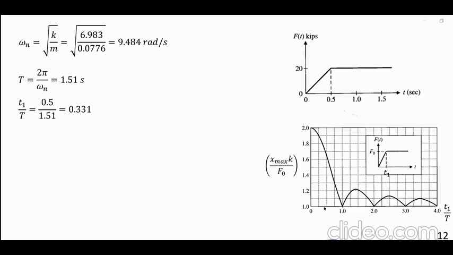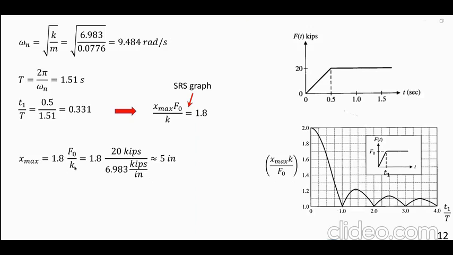So you go to this graph, find out where 0.331 is. So this is 1. This is 0.5. 0.331 is somewhere down here, roughly. You look at that table, you get almost 1.8. So this ratio is almost 1.8.